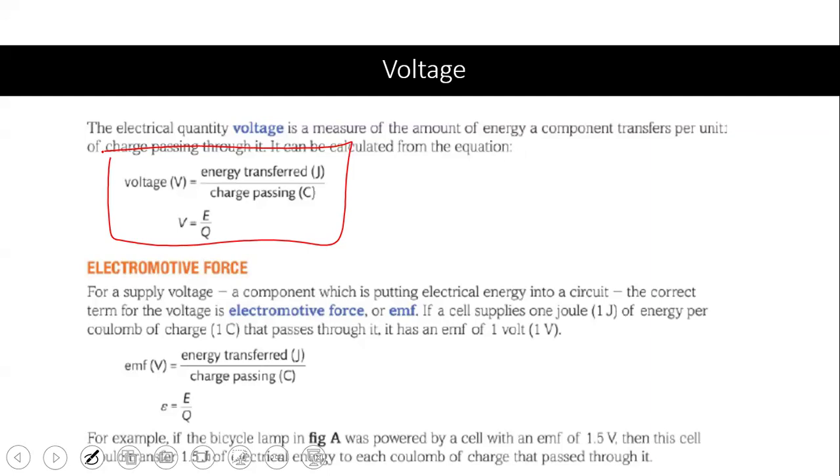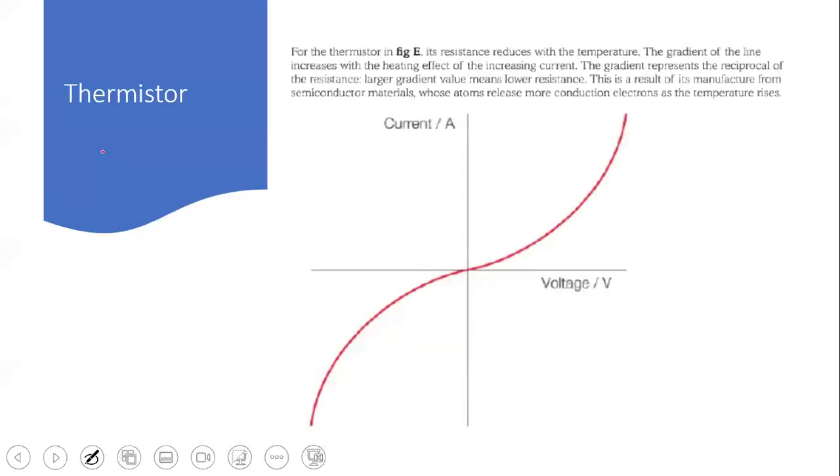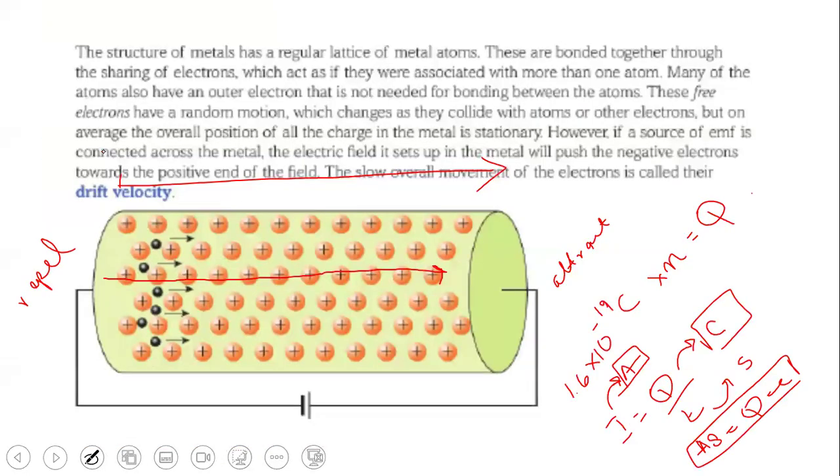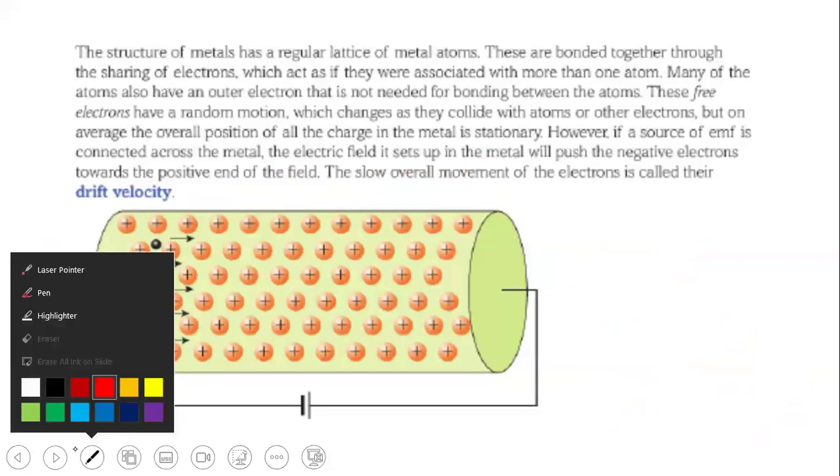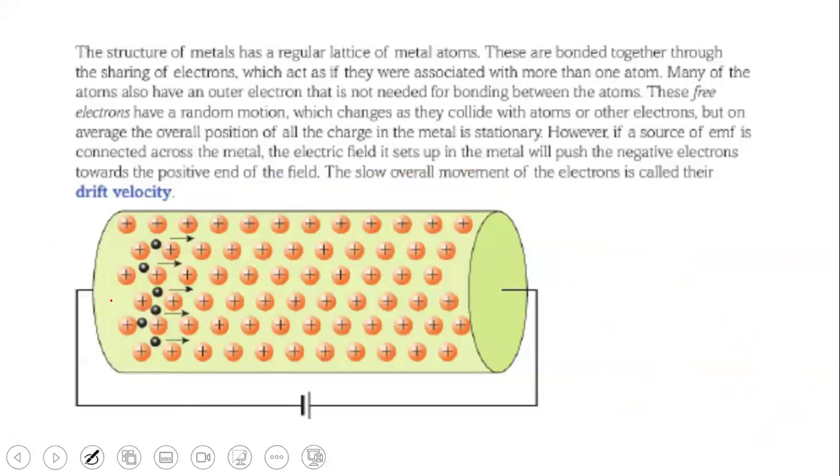Now that we have the basic difference down, electromotive force is basically work done per unit charge, because this is a battery. This battery is supplying power. It is supplying energy.